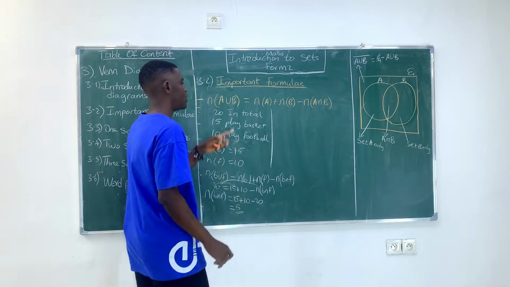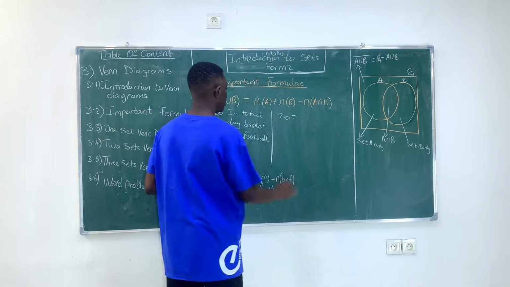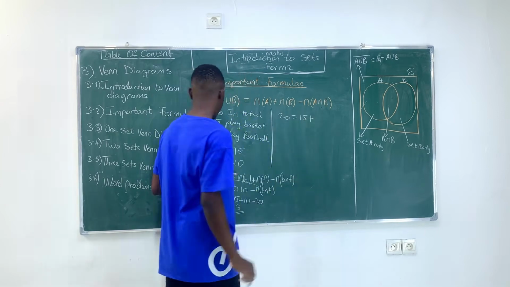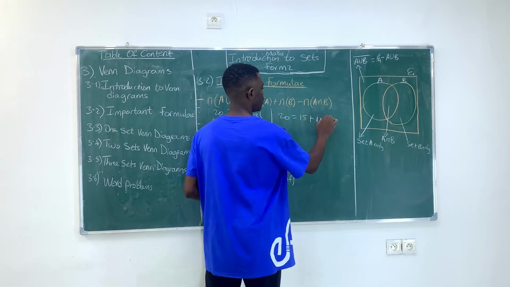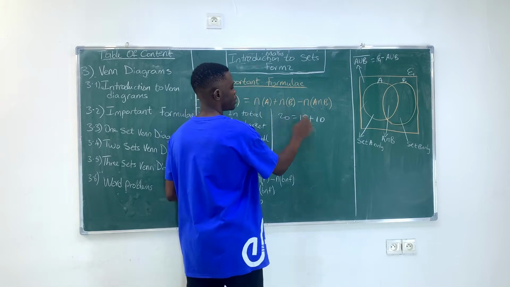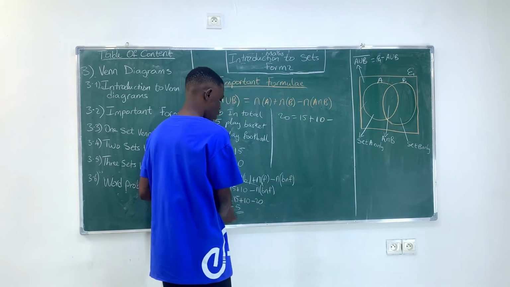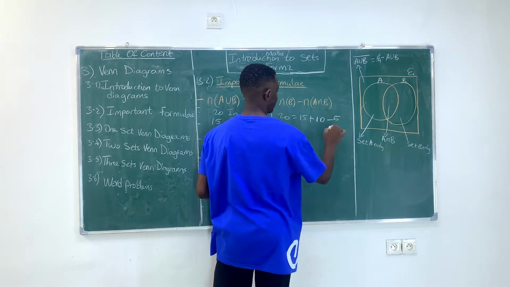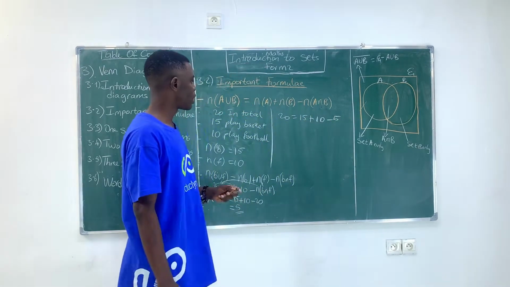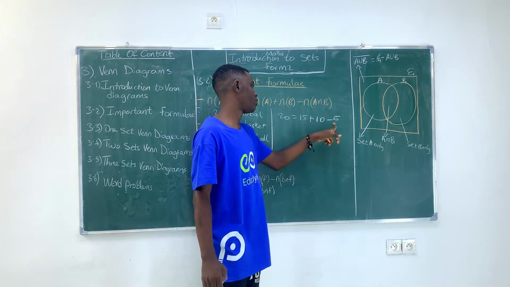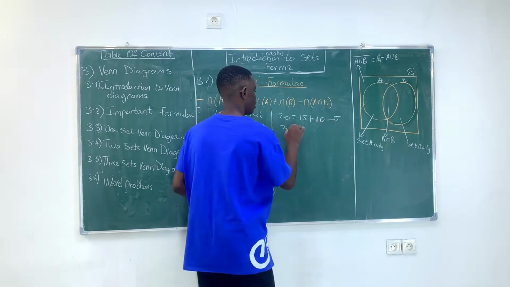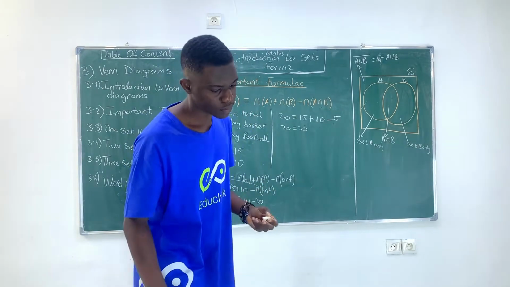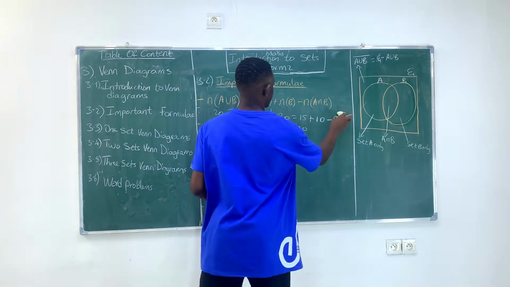In our case, this is equal to 20, right? 20 is equal to n of A 15 plus n of B 10, that goes for this plus this, minus n of A intersection B, which is 5. Is that correct? 20 is equal to 15 plus 10 minus 5. Meaning this formula is correct. So you can go to the next formula.